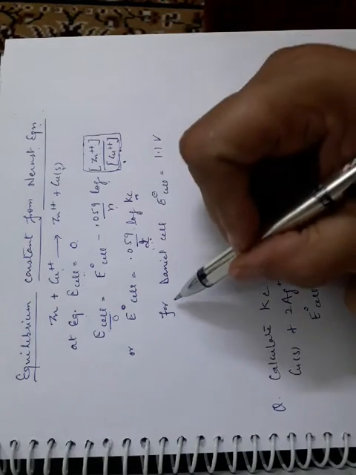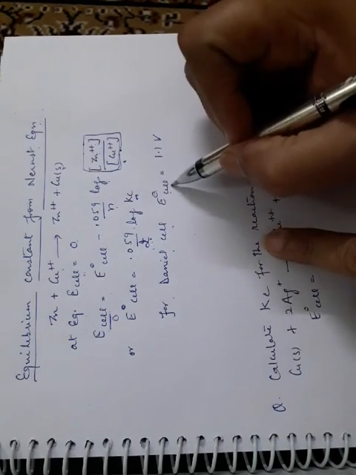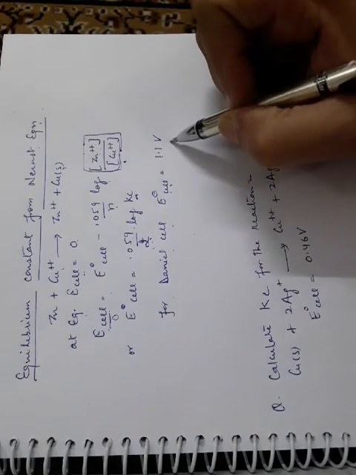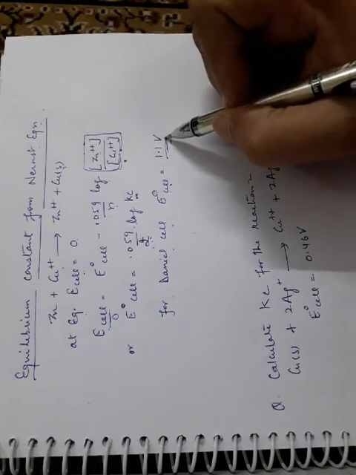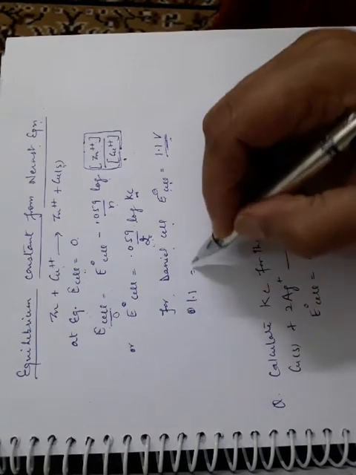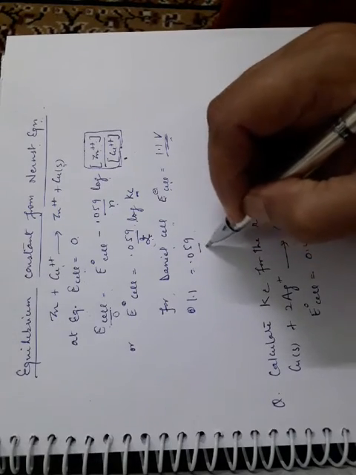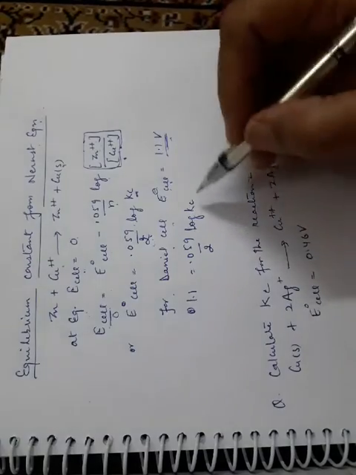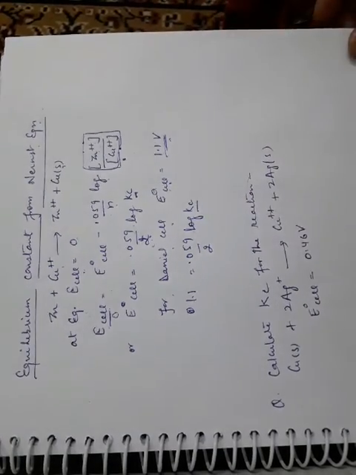Kc. For the Daniell cell, we know that E naught cell, the total output obtained, is 1.1 volt. We can substitute the value of E naught cell. What do we get? 1.1 equals 0.059 upon 2 log Kc. The question is how to get the value of Kc out of this.